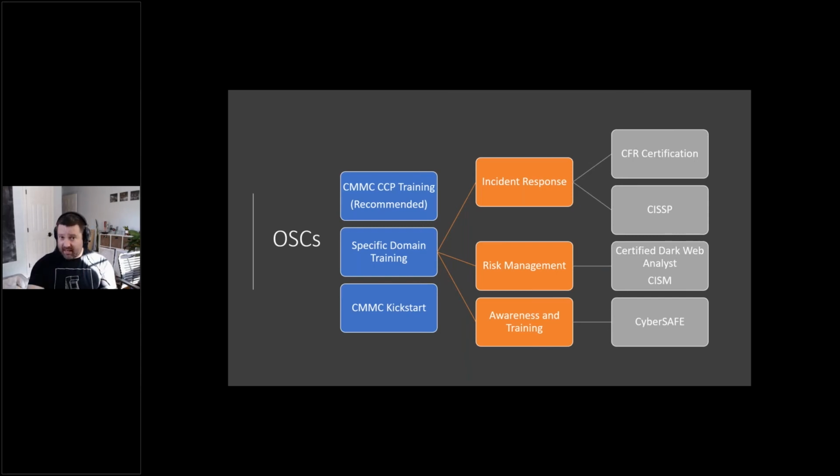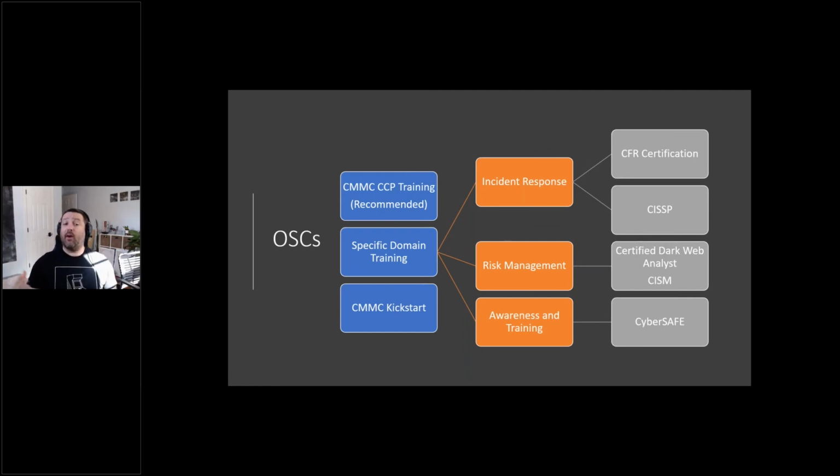The next thing that you might want to do is consider specific domain training. Remember, there are 17 domains inside of this, and depending on what level you want to be assessed at, you may need to buff up your IT's incident response skill set, your risk management skill set, your awareness and training skill set.